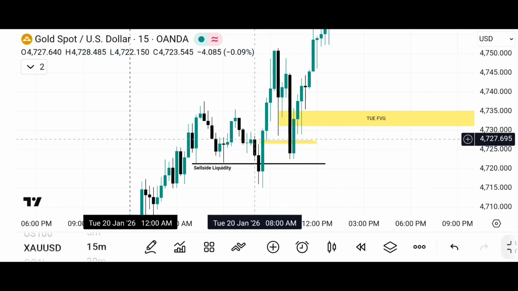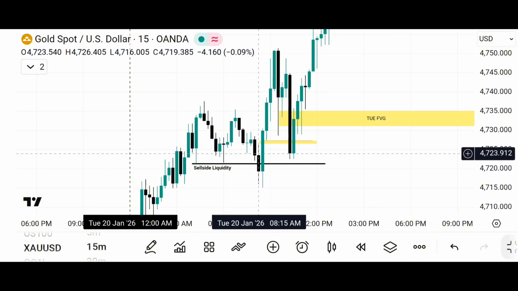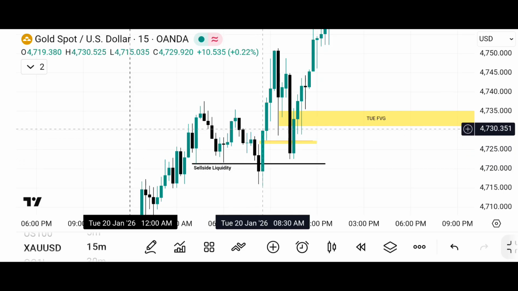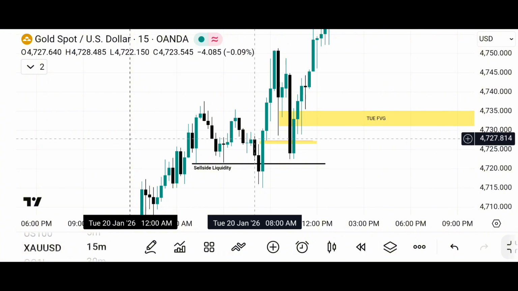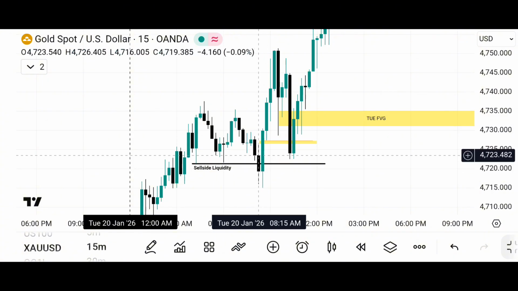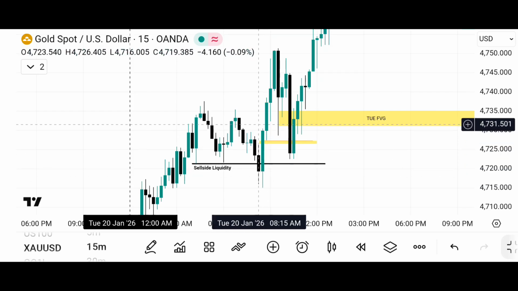And also, if you notice, this is also an order block. So the fair value gap is paired with an order block. You see these two black consecutive candles. When this green candle trades above the open of this candle and trades above the open of this candle, that validates it as an order block.